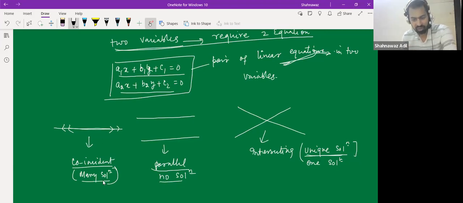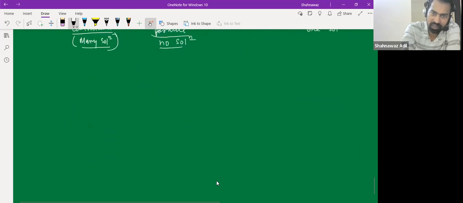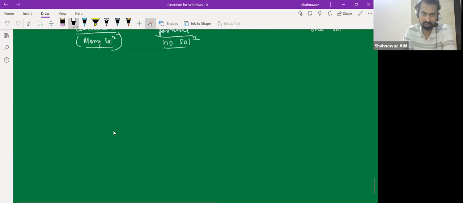But without drawing the graph, we can actually find out whether we have one solution, no solution, or many solutions. So we have this algebraic method. And how do we find that? We find it by comparing the coefficients.